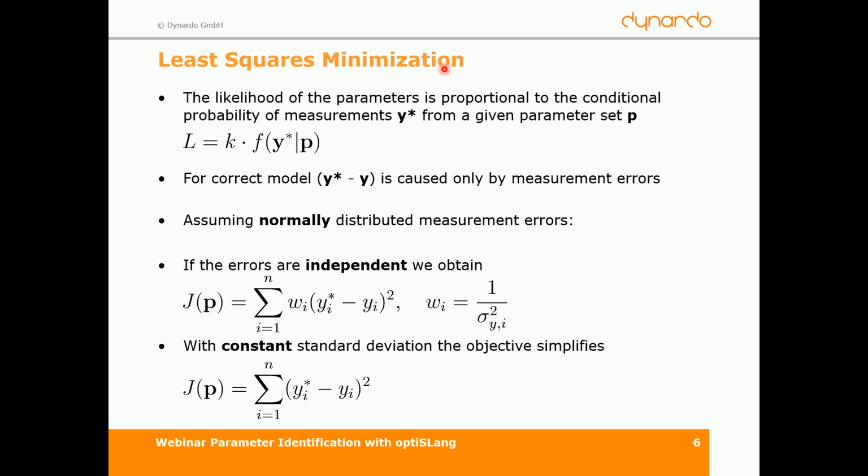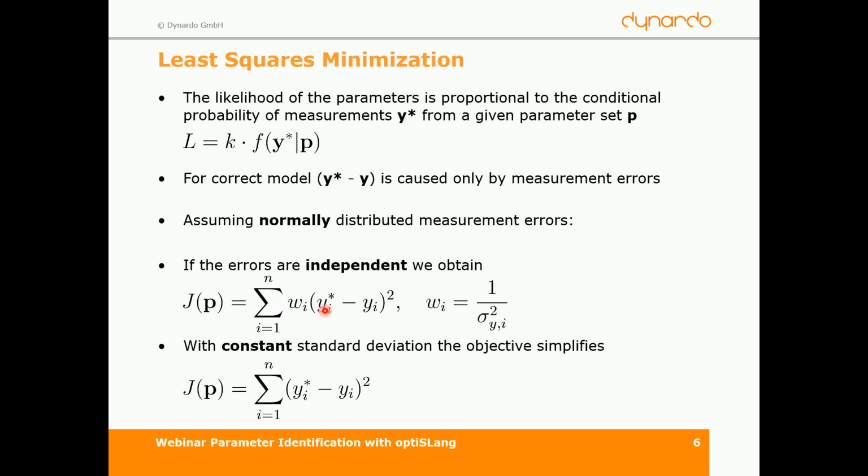Based on this assumption, we can go further by assuming that the remaining deviation between this measurement and simulation is only based on measurement errors. The next assumption is that we have normally distributed measurement errors, and we assume also that the measurement errors are independent. Then the formula gets simplified and we get a sum of weighted squared errors.